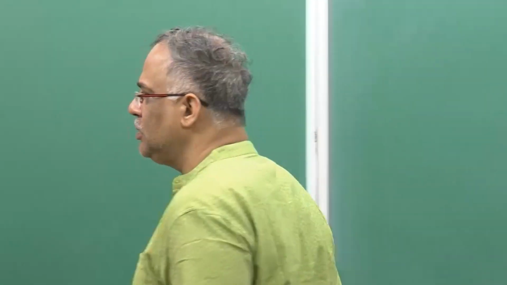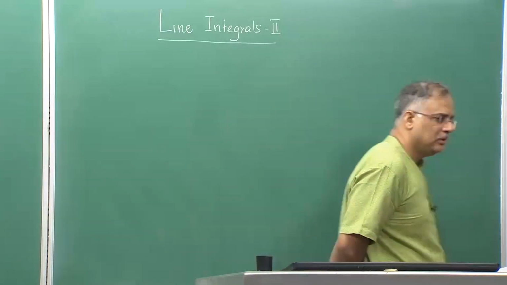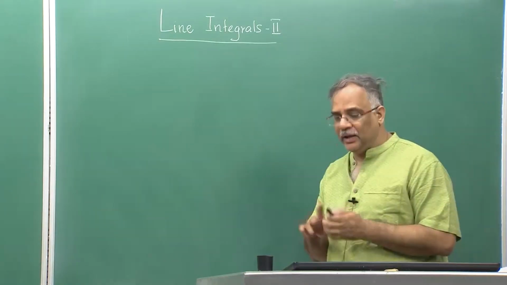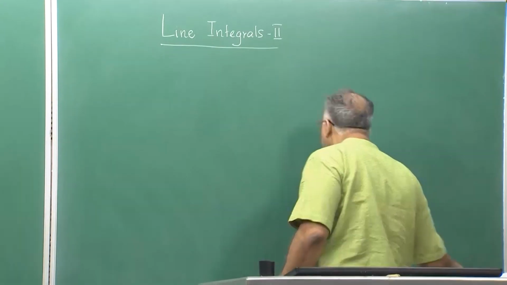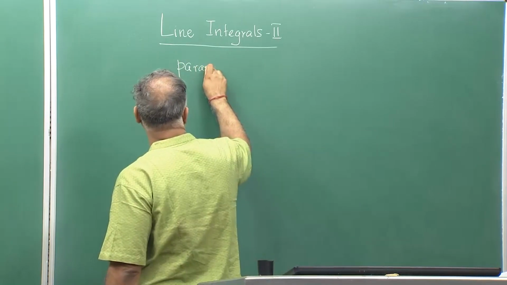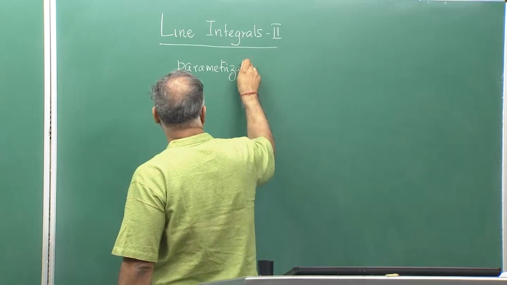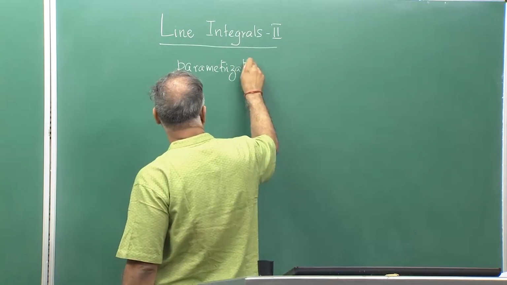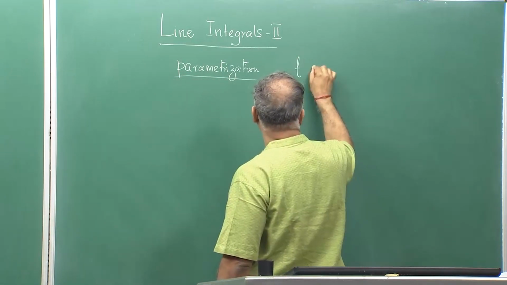You must have understood that when I define line integrals, I depend heavily on the concept of parametrization. And this parameter is a real variable, say t between a and b.